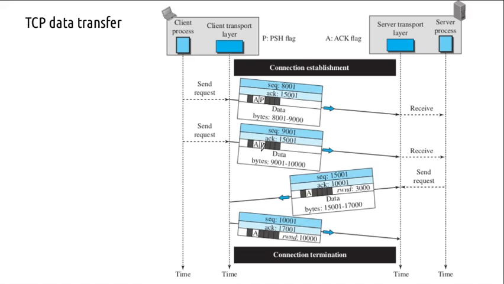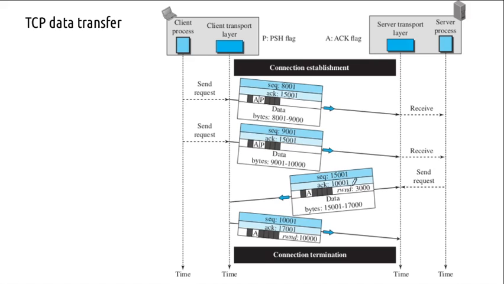Push is something which requires data to be pushed immediately from the client side transport layer to the server side transport layer, and immediately presented to the server side application process. Now if you follow here, data is also being sent from this direction, from the server side process. There is piggybacking. You see that this is a cumulative acknowledgement.